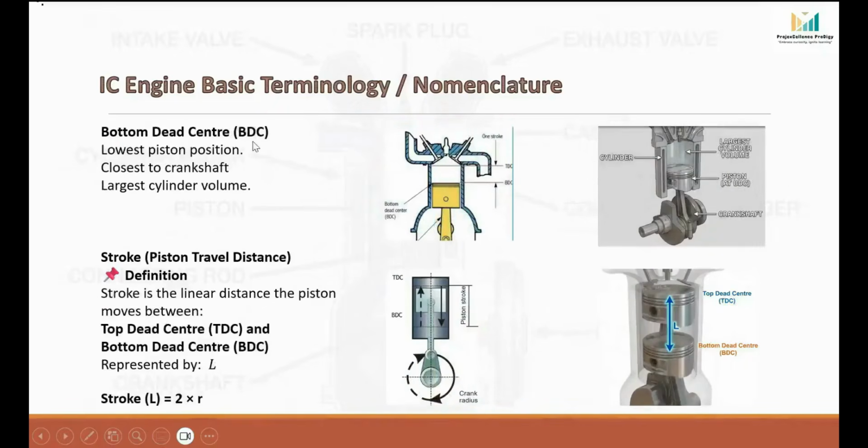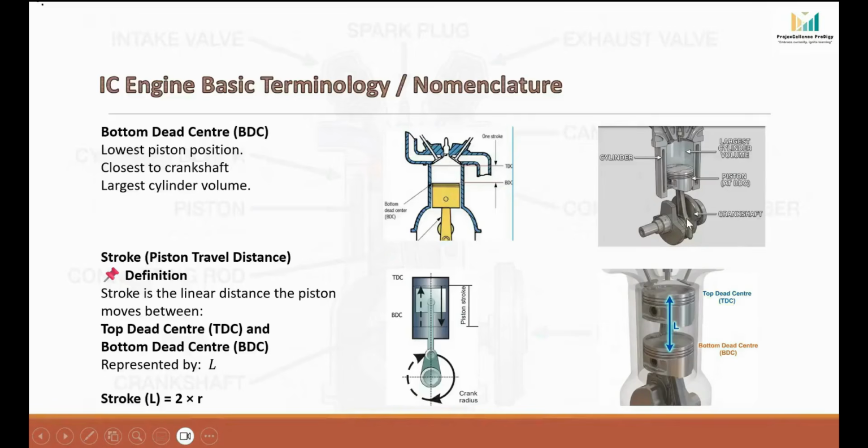Bottom dead center, BDC. This is the lowest position reached by the piston inside the cylinder. At this point, the piston is farthest from the cylinder head. It has completed its downward movement and it momentarily stops and changes direction from downward to upward.